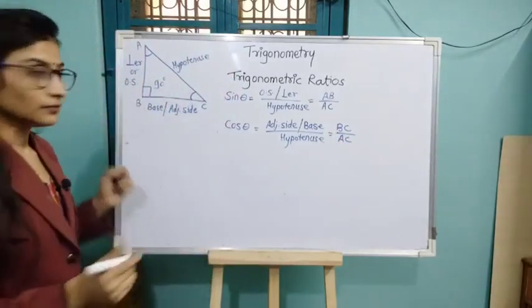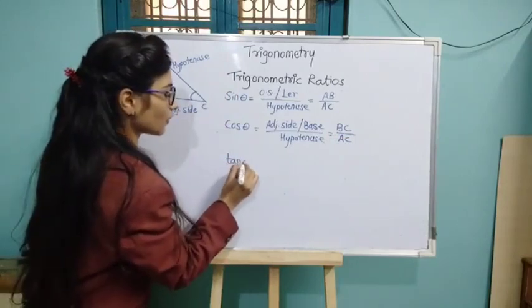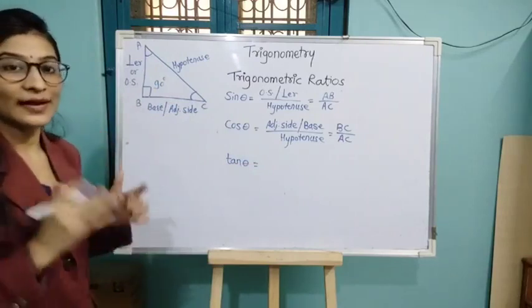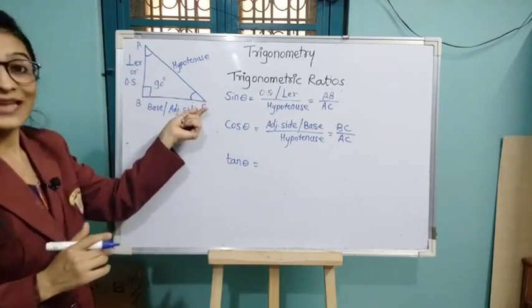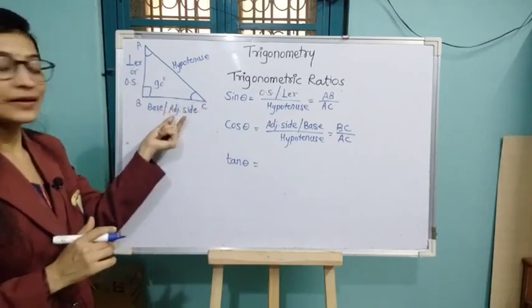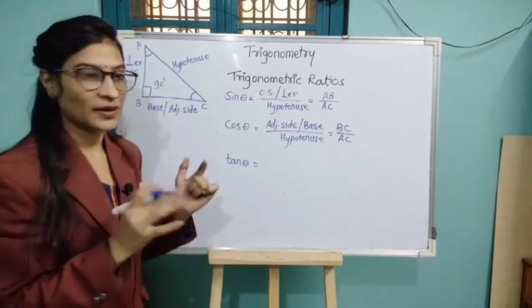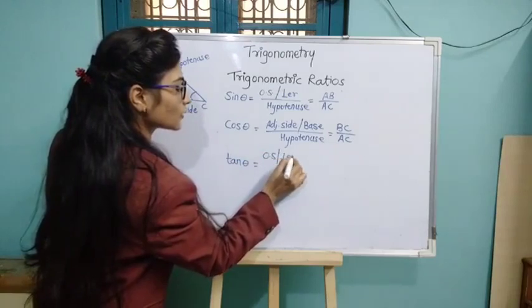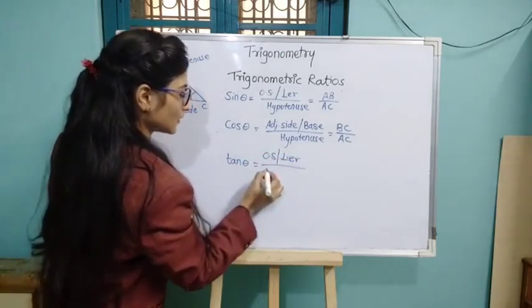Now the next ratio is tan theta. What is the formula for tan theta? We consider the opposite side of angle C and the adjacent side of angle C and divide them, that is, we take the ratio of the opposite side or perpendicular with the adjacent side or base.